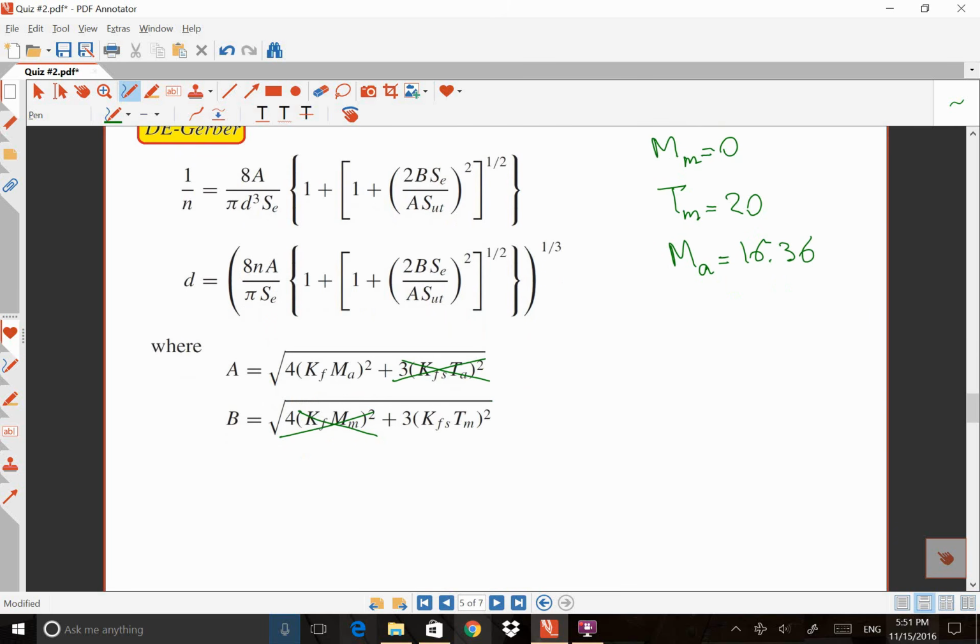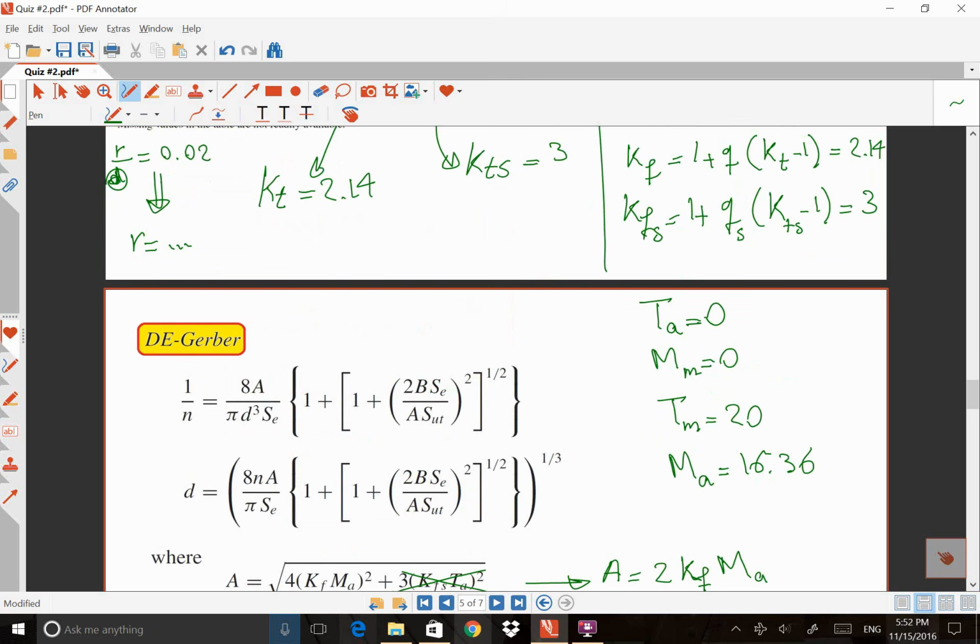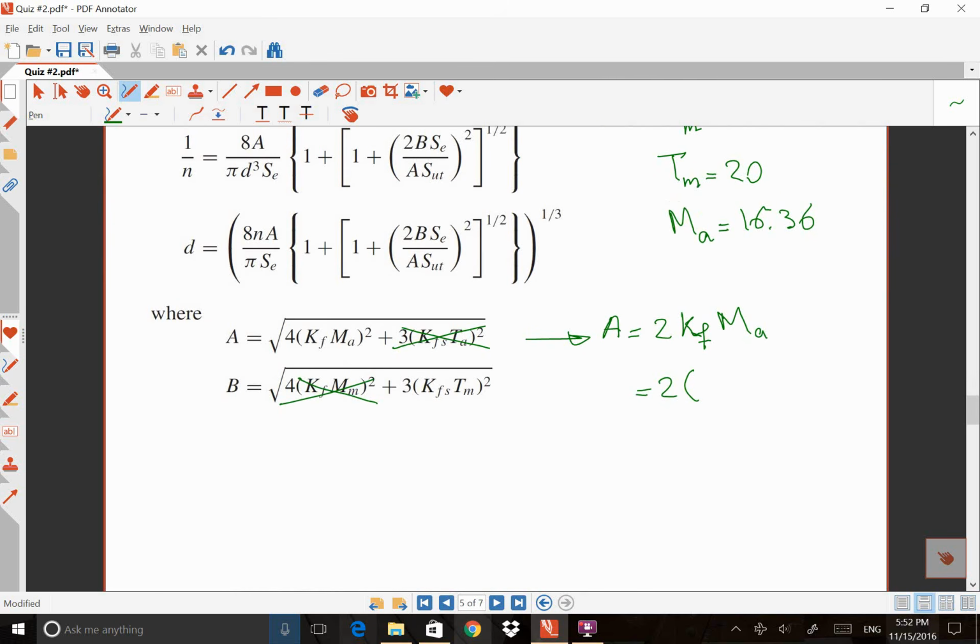Okay, so this A will be 2 KF MA. So it will be 2, and we found KF in the previous page, that is 2.14, MA is 1636, so that will be 72.